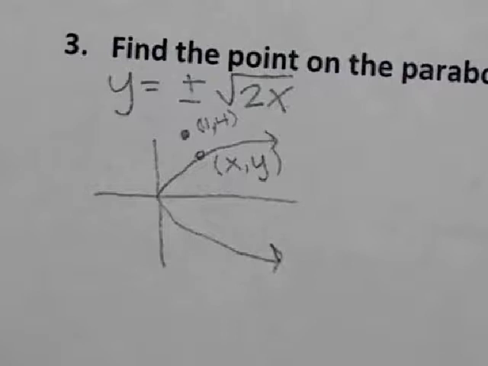Does anyone know a formula that tells me the distance between 2 points? Distance formula. Anyone remember what it is? The distance formula comes from the Pythagorean theorem, so it's got something squared plus something squared.